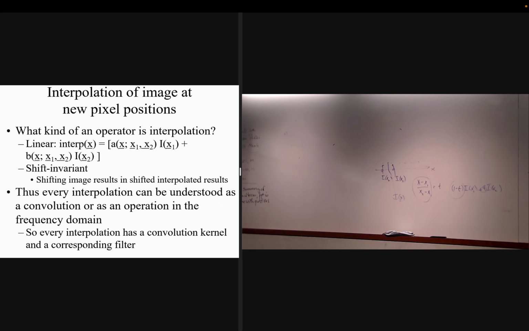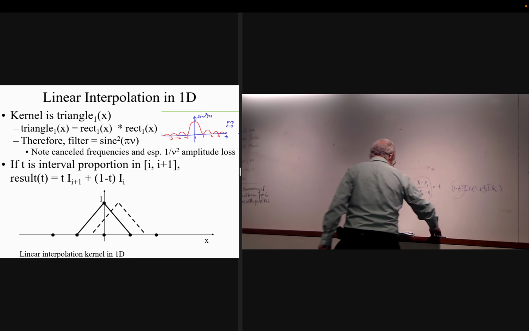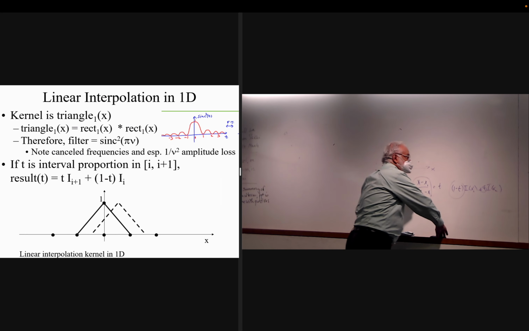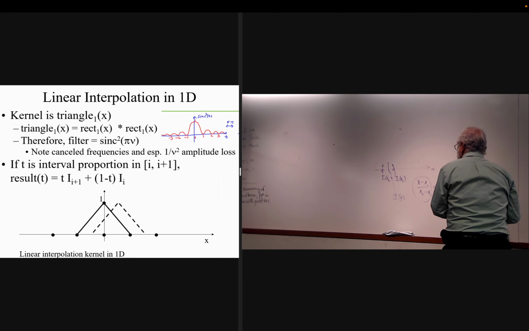Okay. So let's think of interpolations in terms of their convolutions.